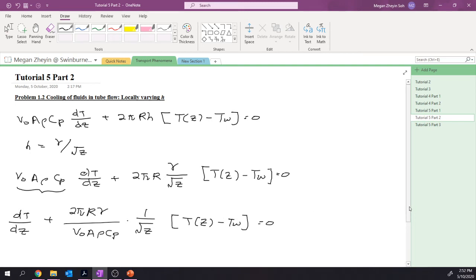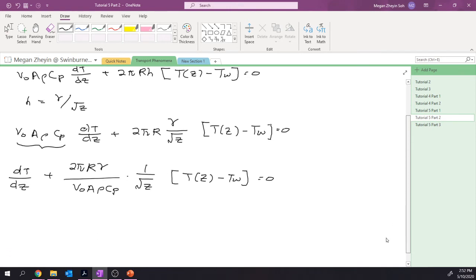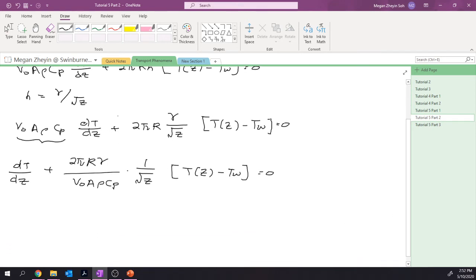So we define a new parameter here. This one we will define as beta, and this one we will define as theta.